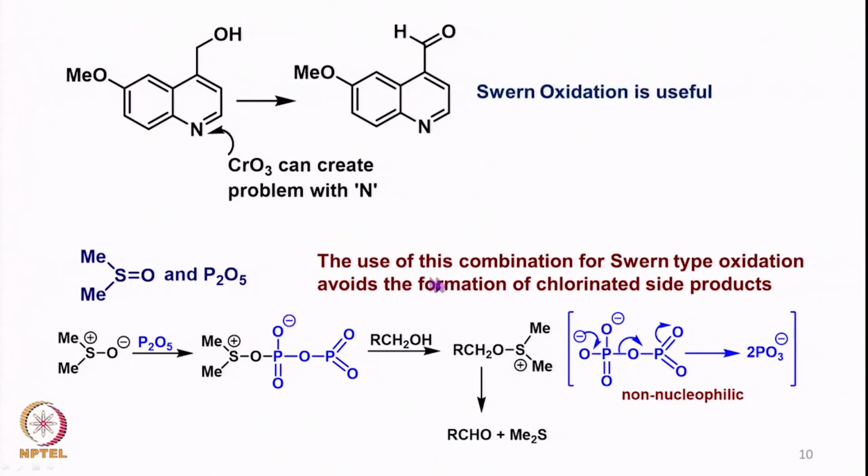So in order to avoid the formation of chlorine based side products, some people have made use of a DMSO P2O5 combination, which is similar to Swern oxidation, but now does not have a chloride or any such species which can give side products.